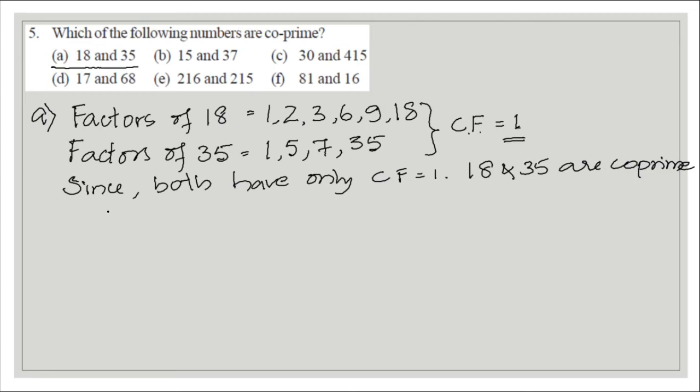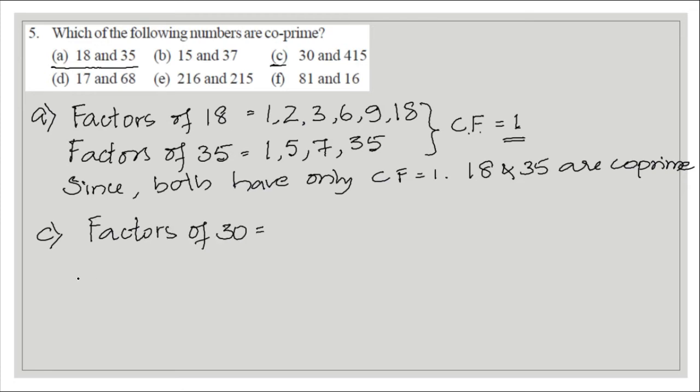I'll take up one more question and tell how to check whether the given pair is coprime or not. This time I will consider the third one, 30 and 415. I will first mention the factors of 30.